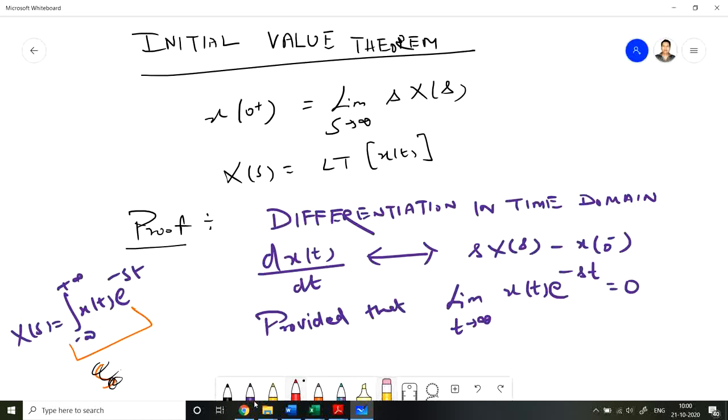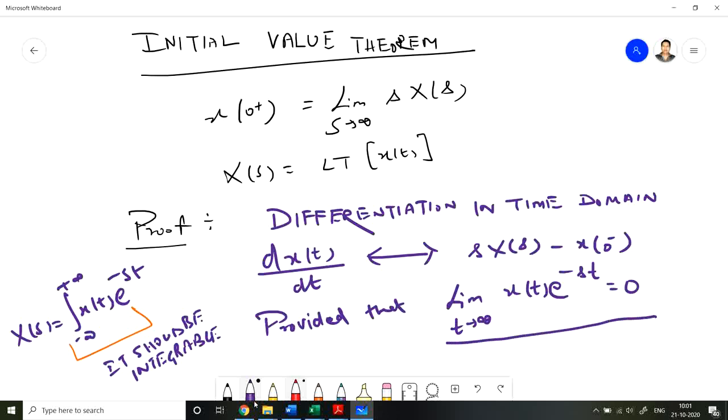So this integral should be integrable. If this condition is not satisfied, then we are not able to write the Laplace transform of dx(t)/dt as sX(s) minus x(0-).